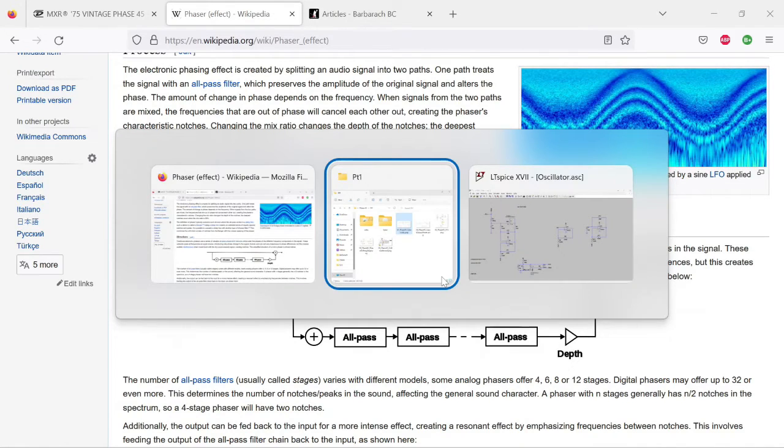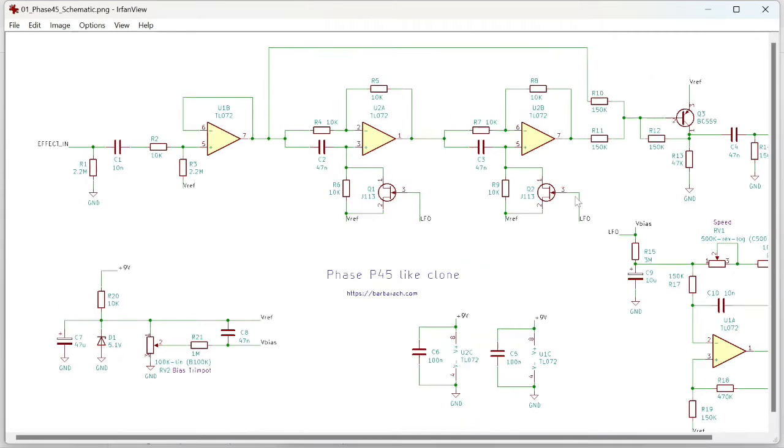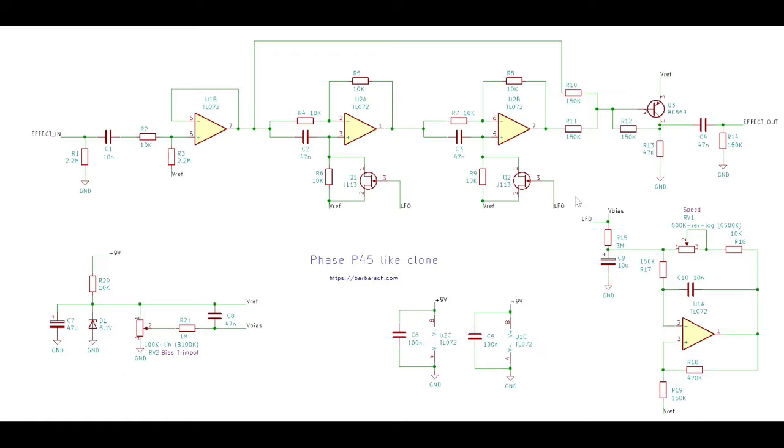So let's look into the schematic. Where do I have it? I have it here. This looks a bit complex. There's lots in it, but before I continue, I have to say I did some modifications. Let's get into the details of different parts of it, because lots of it is what we've seen before.